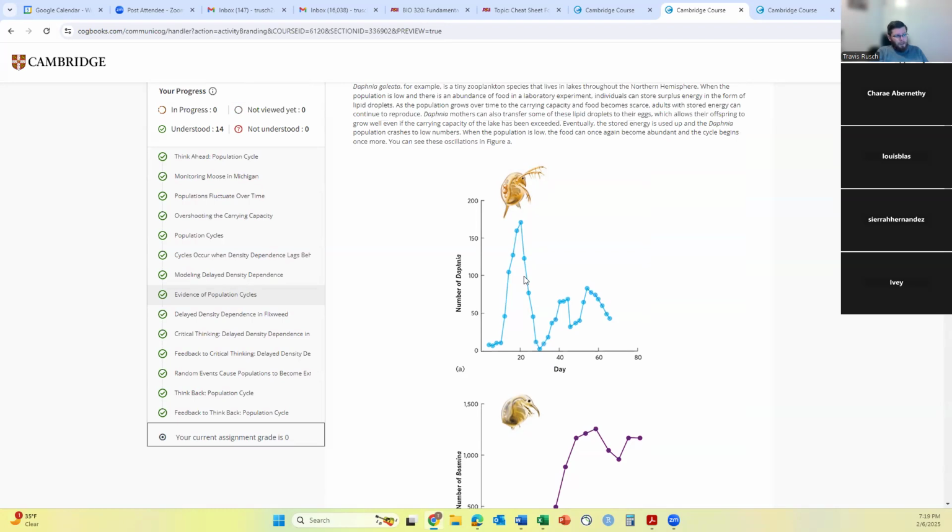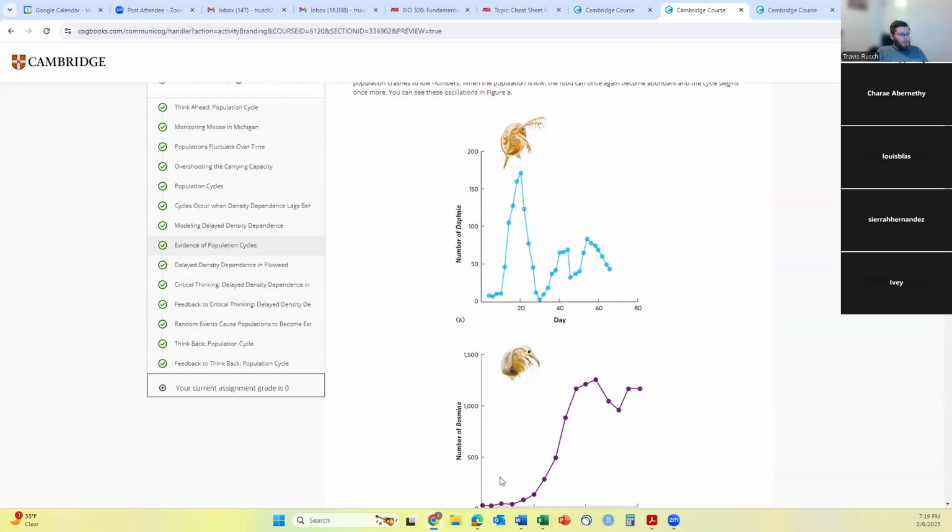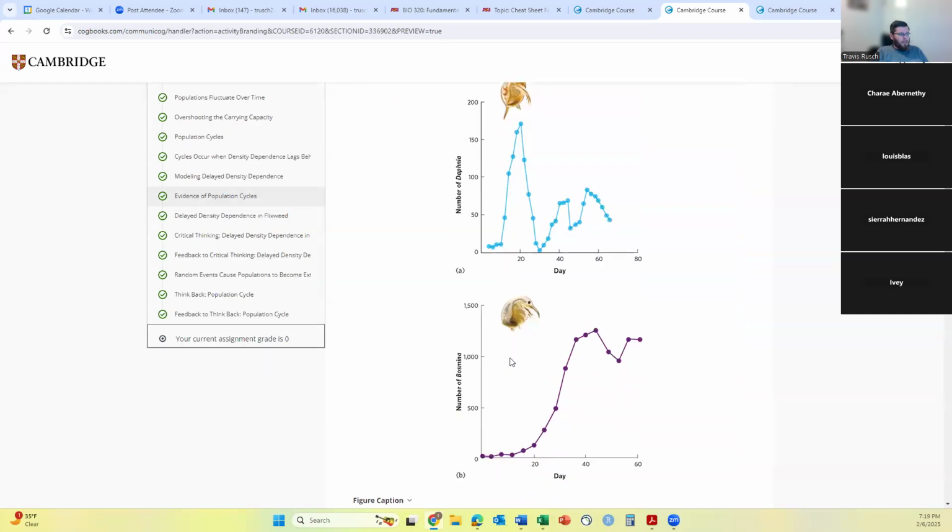But then you're going to see a pretty severe crash when it runs out of resources at a higher level, versus this one that can't preserve energy or pass it on. So you're going to have growth and a little bit of an overshoot, then a drop off, and then maybe those dampening oscillations. And it's going to stabilize a little quicker. It might seem advantageous to be able to preserve energy, but if it does it for too long, it can be disadvantageous and crash very severely, almost to nothing, and then has to regrow itself.